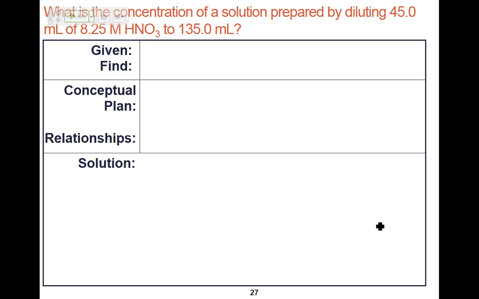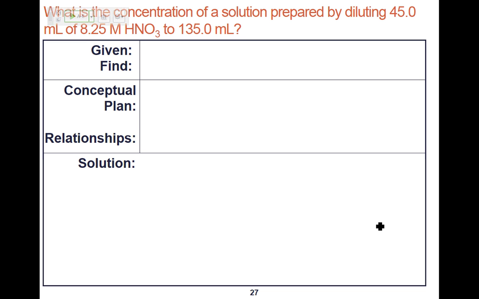What this question is saying is, I took 45 milliliters of a solution that had the concentration 8.25 moles. So that means that M1 is 8.25 moles and V1 is 45. I took that solution, I had it labeled, I took 45 milliliters of it.